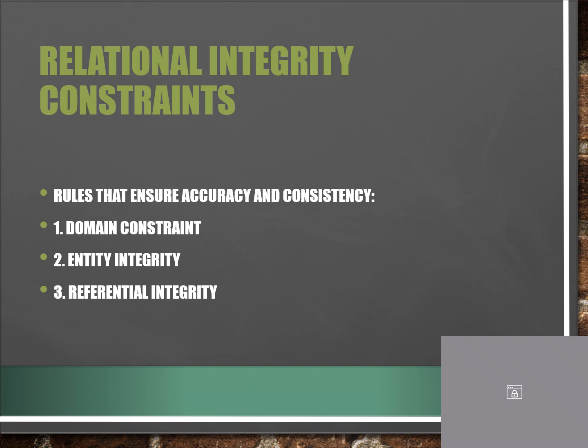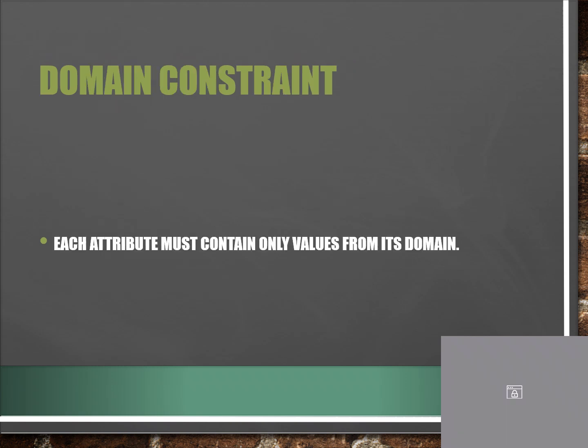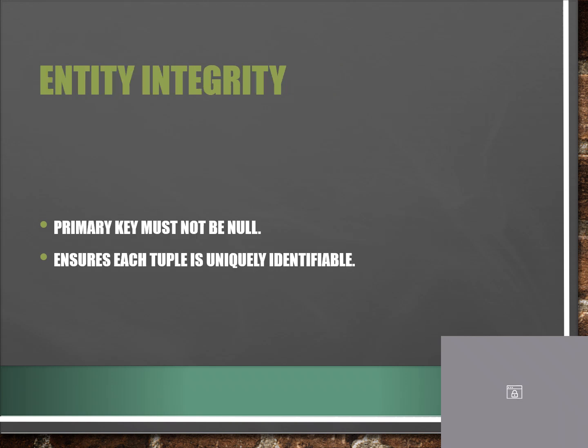The next slide is relational integrity constraints, which are rules that ensure accuracy and consistency. The first is the domain constraint, the second is entity integrity, and the third is referential integrity. In the domain constraint, each attribute, meaning each column, must contain only values from its domain. Then entity integrity: the primary key must not be null, and each tuple must be uniquely identifiable.